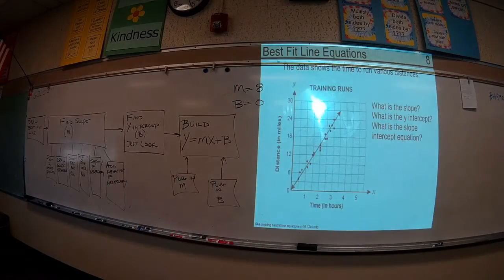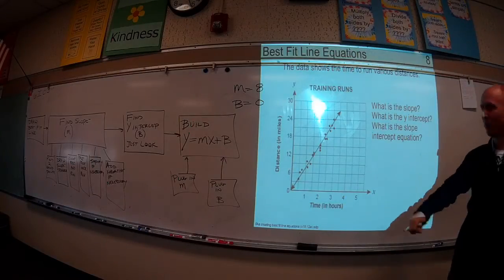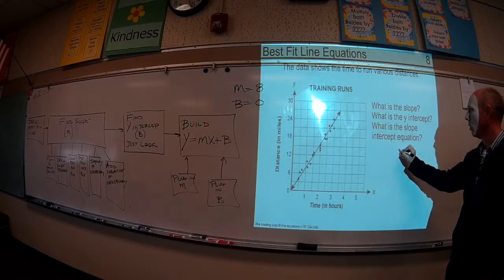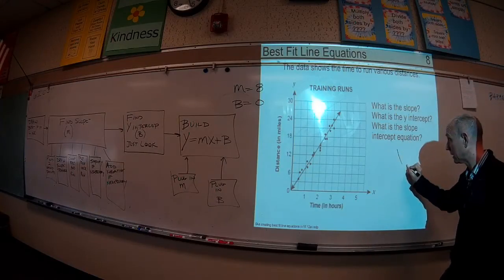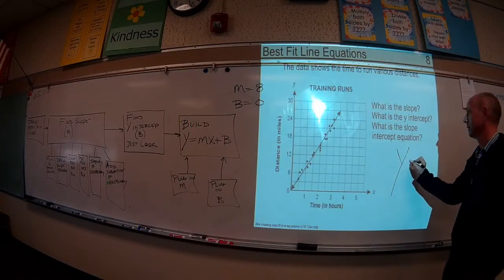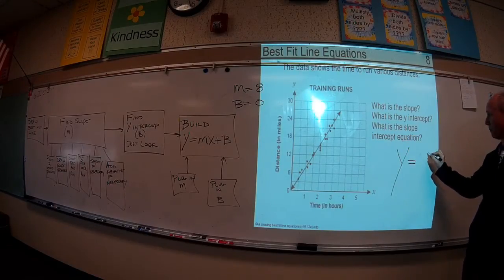Dakota, I haven't called on you today. Can you plug it in? Tell me what to write. For the M, tell me what to write first. Y. Y equals 0.